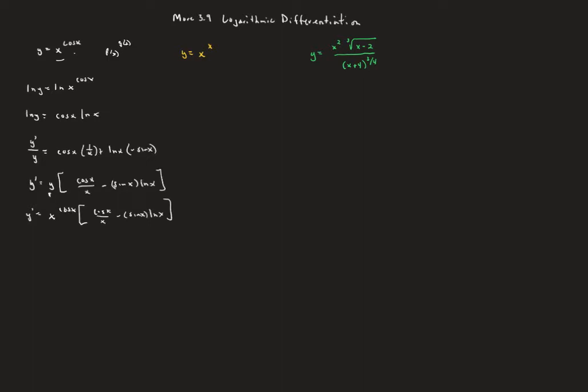Okay, same idea on the next one. We're going to take the natural log of both sides, then we're going to use our properties of logarithms to bring that function that's in the exponent out in front and make it into just an ordinary multiplication.